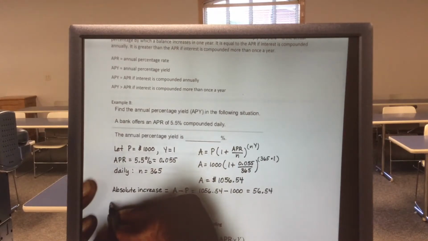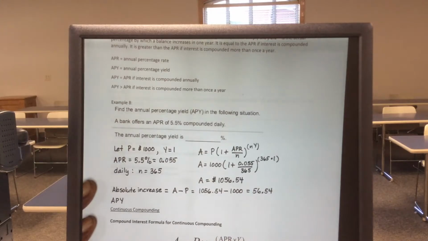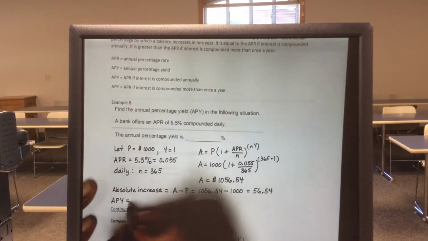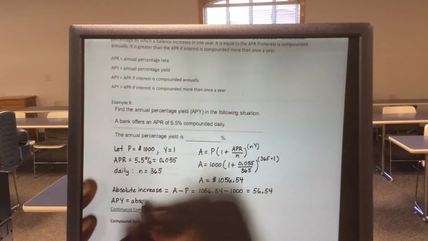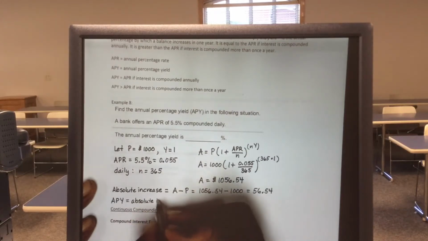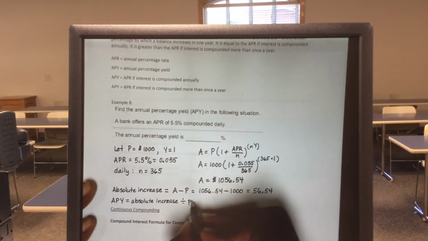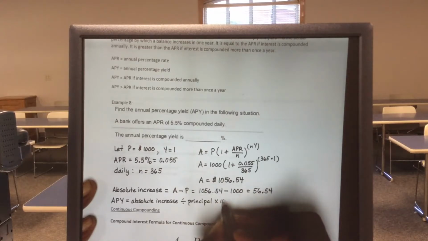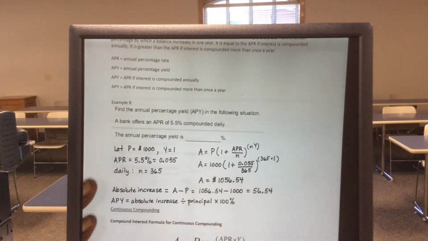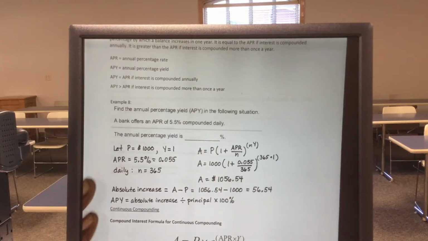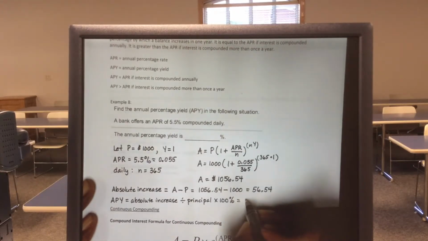And now for the annual percentage yield, that's going to be APY. We take the absolute increase, divide that by your principal, multiplied by 100%, because APY is a percent, just like APR is a percent. Your absolute increase is $56.54.